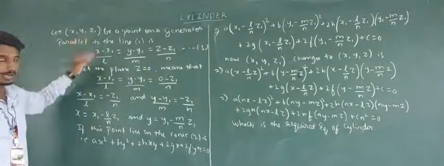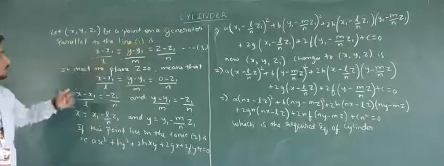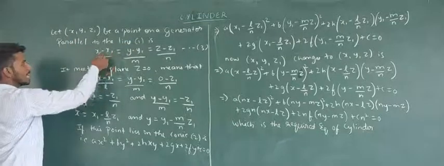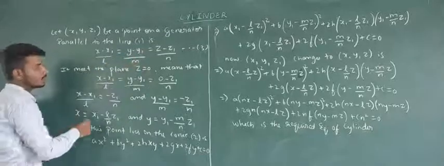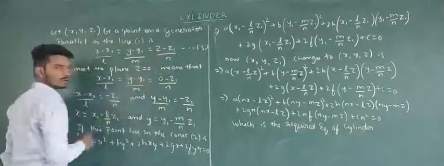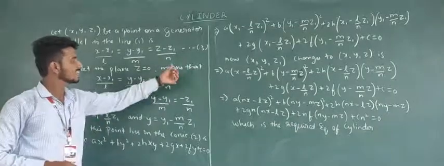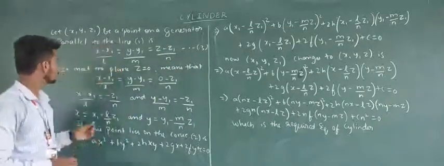If this point lies on that generator line, then the equation of the line becomes x minus x1 divided by l equal to y minus y1 divided by m equal to z minus z1 divided by n. We will denote this as equation 3.